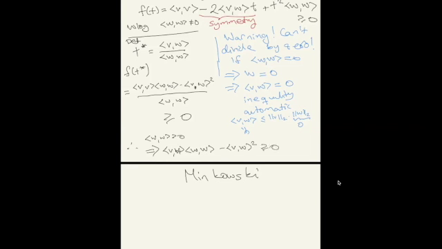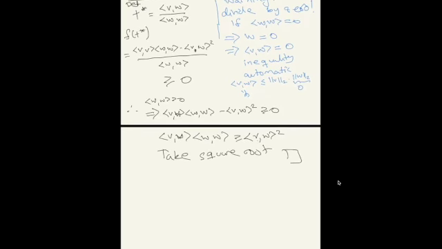And from this, the inequality follows by moving the terms to the other side. So the inner product of v with v times the inner product of w with w is bigger than or equal to the inner product of v with w squared, and taking a square root, we're done. Okay.